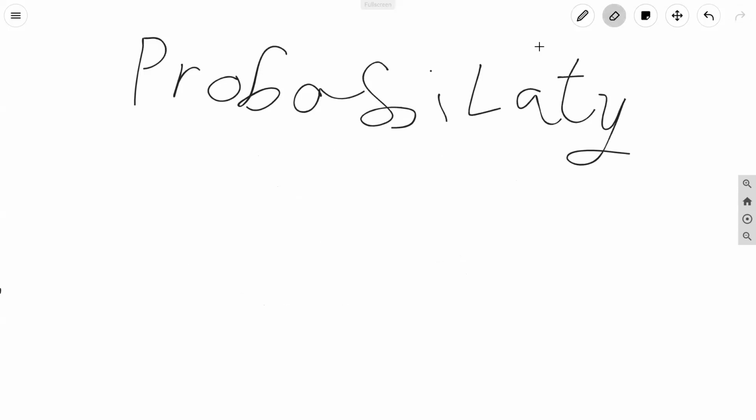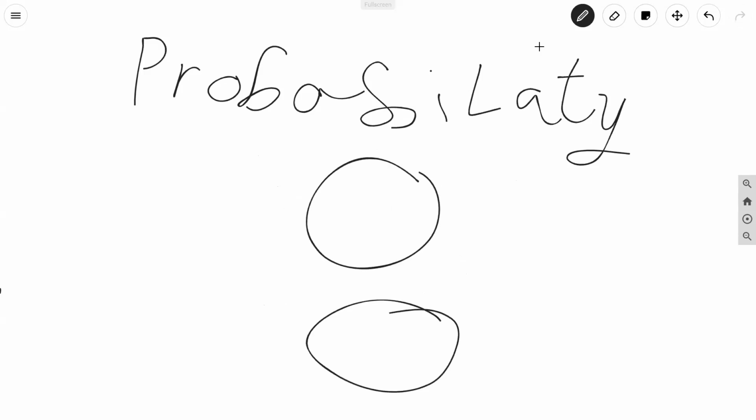Okay, so let me explain this in a different way. In heads and tails, when you flip a coin, you see the head here and the tail here.